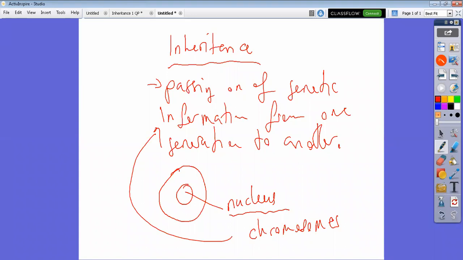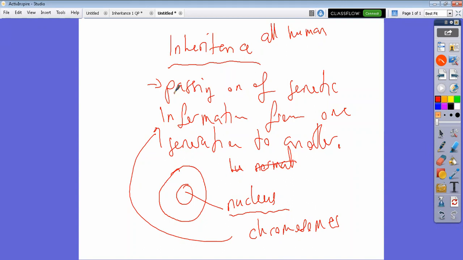Clear? What you need to know is that a normal human cell has how many chromosomes? In fact, we can say all human cells.